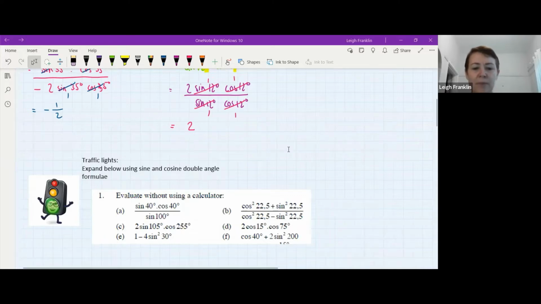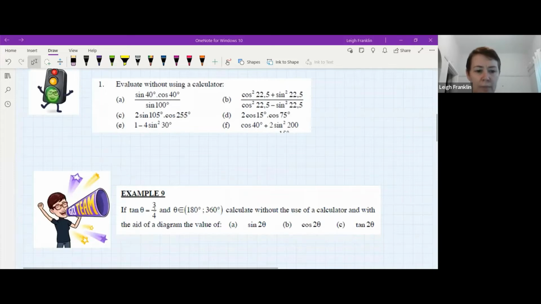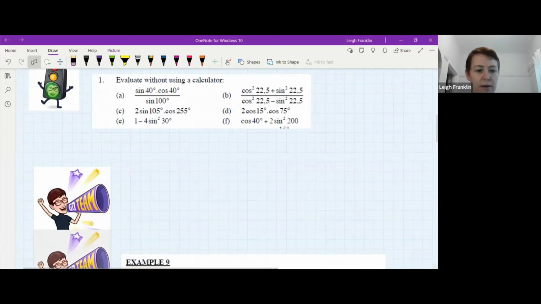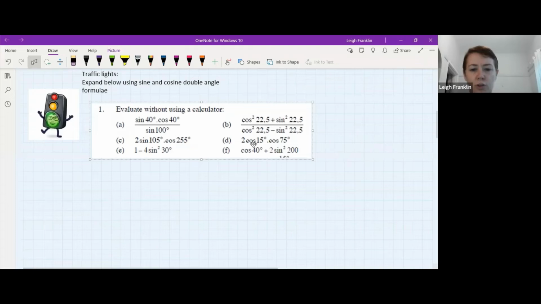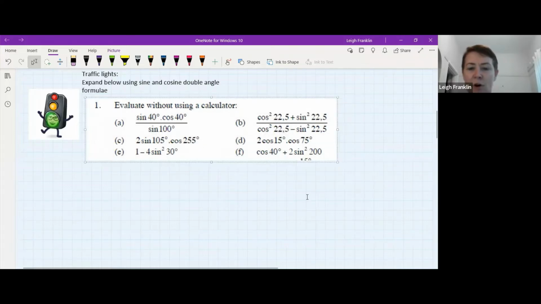All right, so now this is for you to try. Again, I'll just move that down and out the way. If you want to do 3, you're more than welcome to do 3. E and F are slightly more difficult questions.